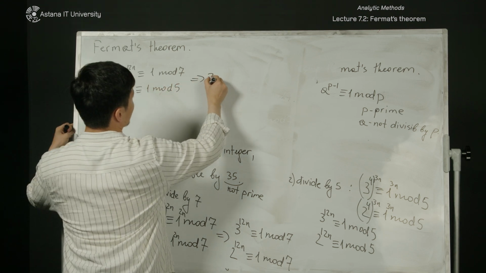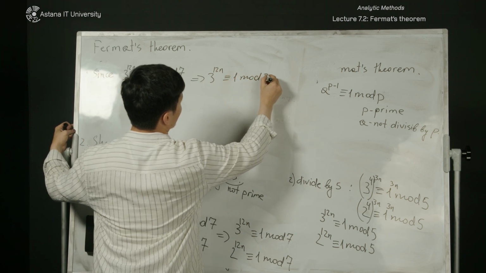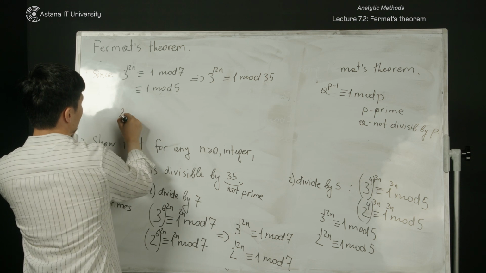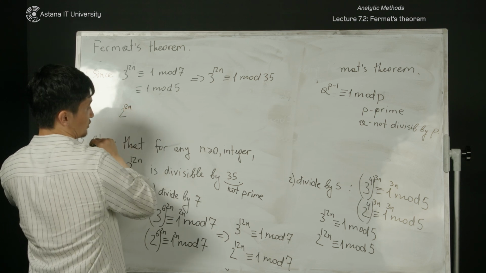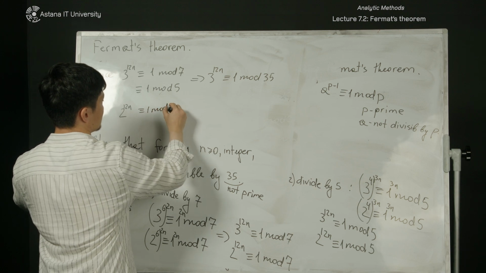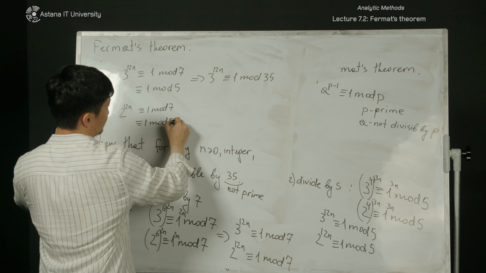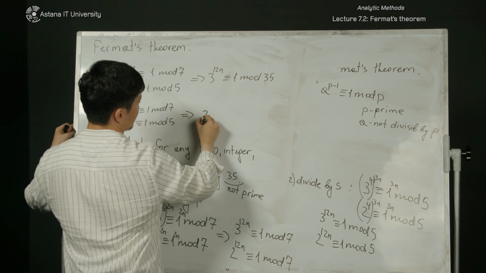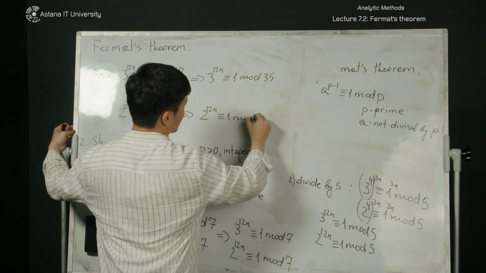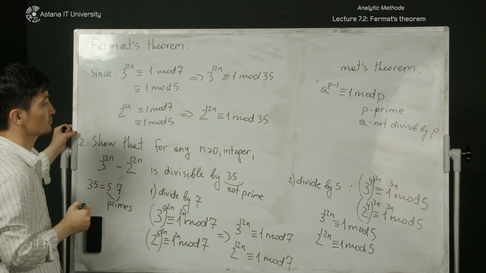Then 3 to the power of 12n will also give me 1 mod 35 by their multiplication. And the same story for 2 to the power of 12n. It gives me 1 mod 7 and also gives me 1 mod 5. Well, then 2 to the power of 12n will also give me 1 mod 35, right?